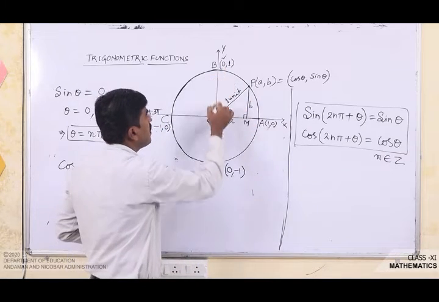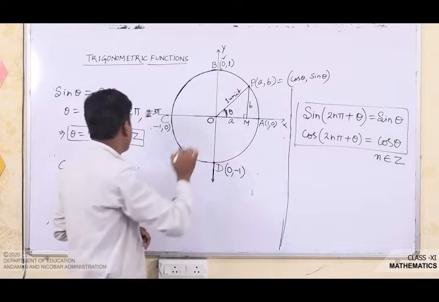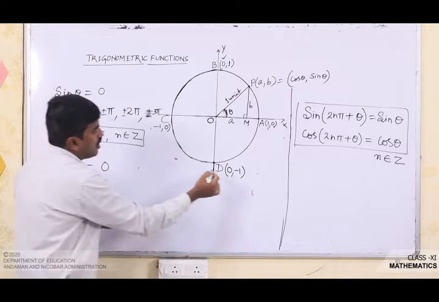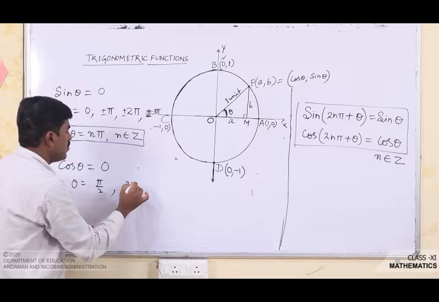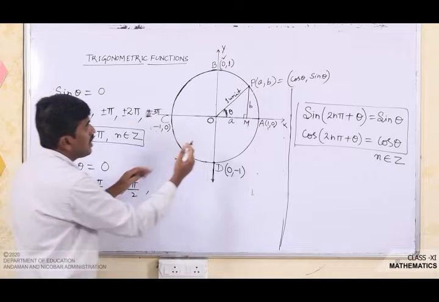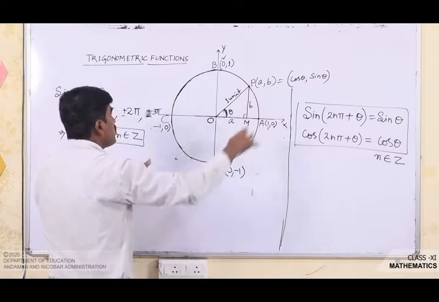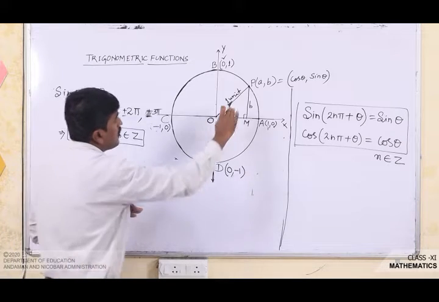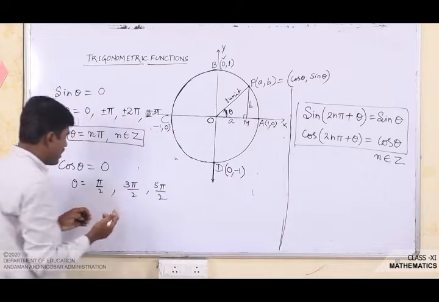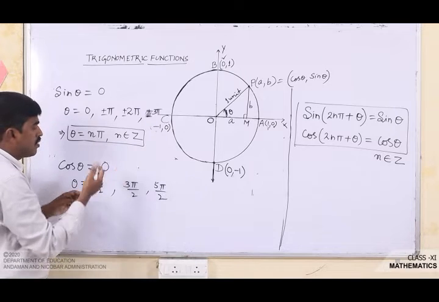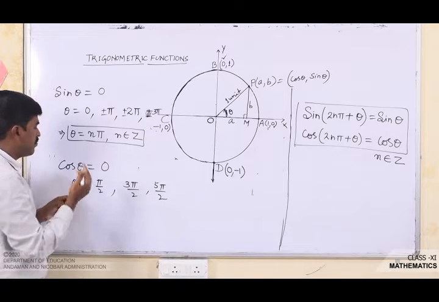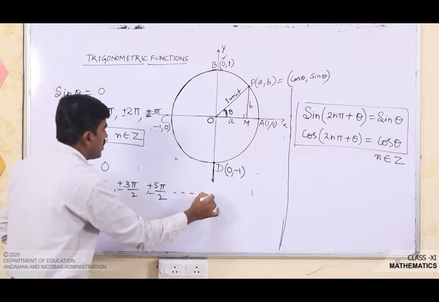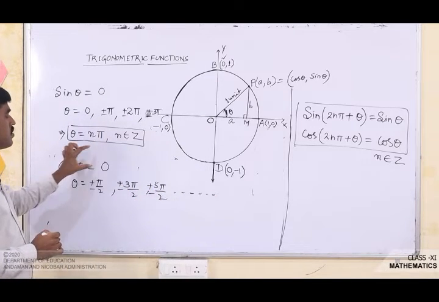So for this, the angle will be pi by 2, or here also cos theta is 0, so it is 3 pi by 2. Likewise, if we rotate again, we will get 5 pi by 2, and if we rotate clockwise, we will get minus pi by 2, minus 3 pi by 2, minus 5 pi by 2, so we put plus minus. For all these values of theta, cos theta is equal to 0.